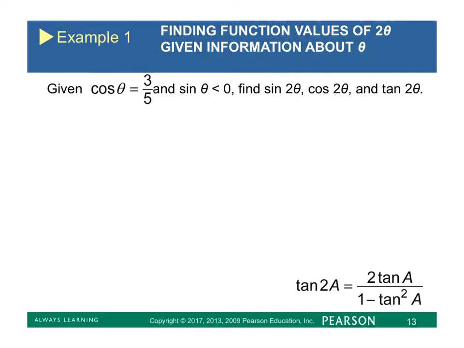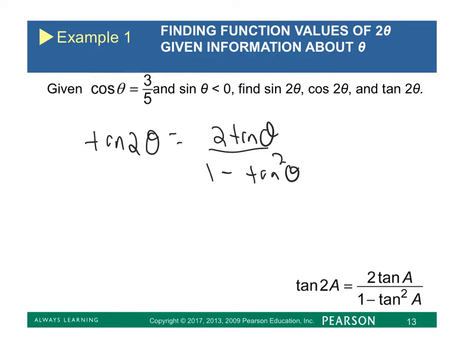Let's go ahead. Let's do tangent of 2 theta, which we memorized was 2 tangent of theta over 1 minus tangent squared theta. Now, we had that. That is your formula you could have used. And it works just fine. You could find, we had that triangle. That was a 4, that was a 3, that was a 5.